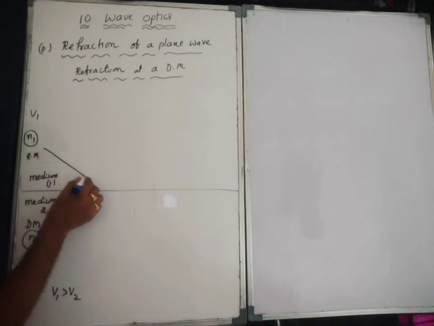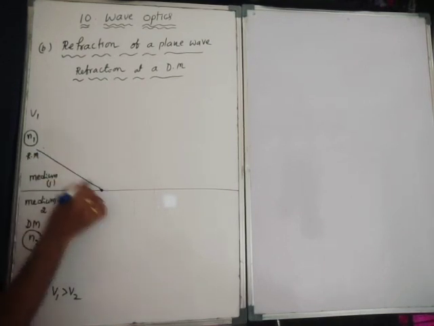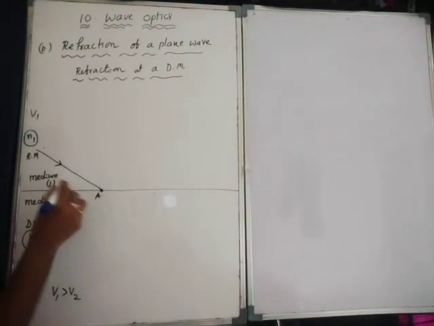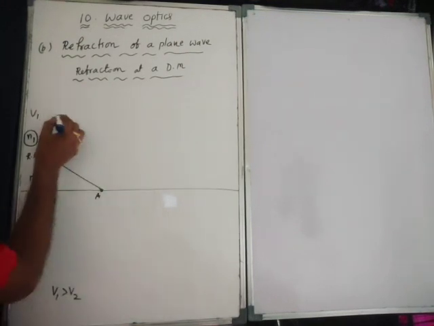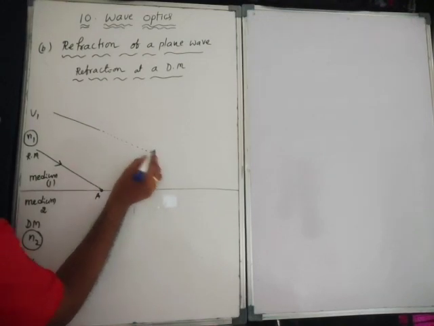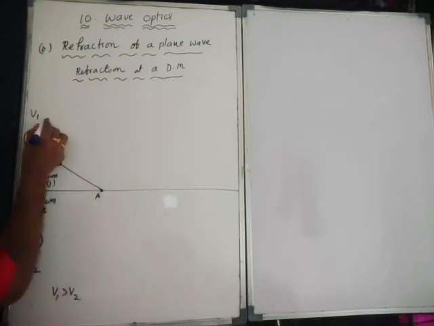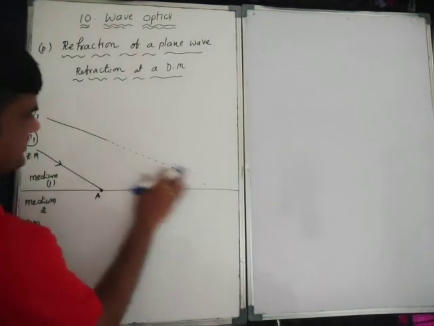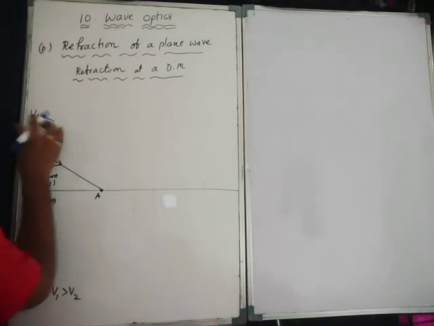In the same manner, I will consider two incident rays. This is the first incident ray, striking at point A. And the second incident ray I will consider in this manner; it can strike here itself.